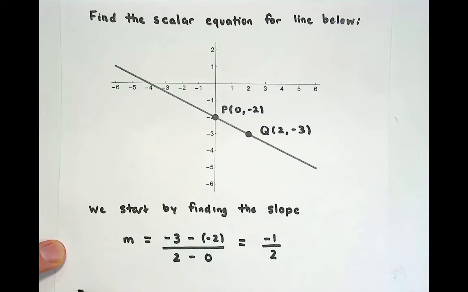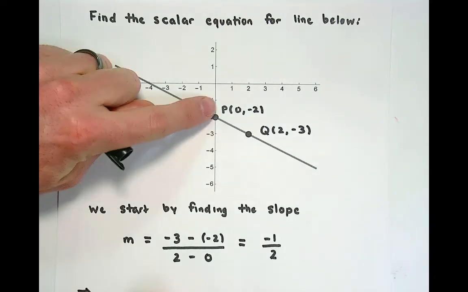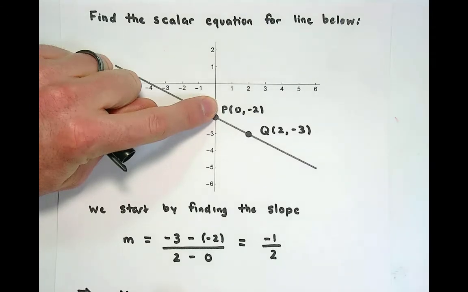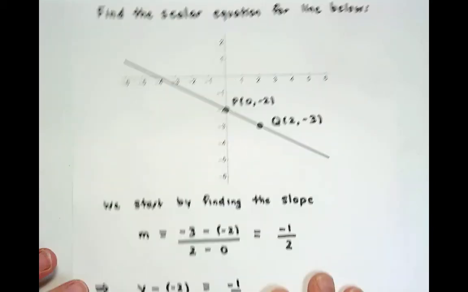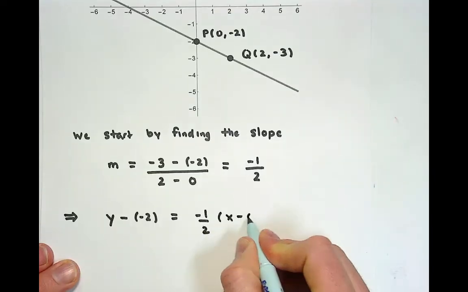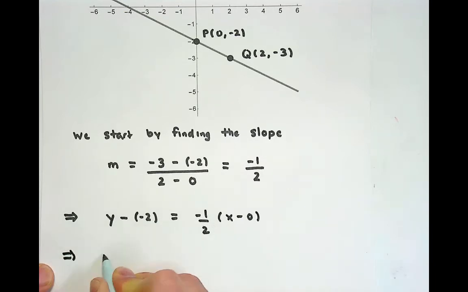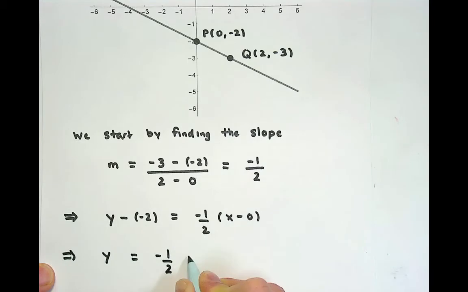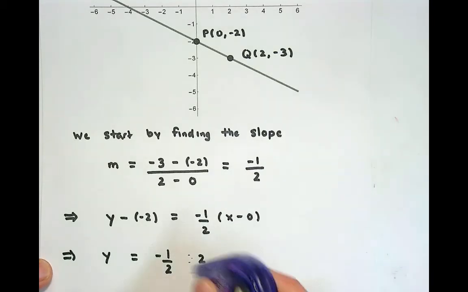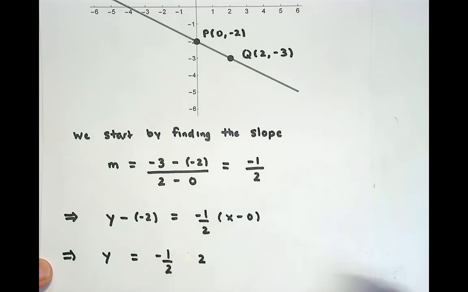And then we can put this in point slope form. And maybe we choose point P to make it super easy. So this is y minus -2 equals -1/2 times x minus 0. And of course, this would be y equal to -1/2 x minus 2. And of course, this plus would turn into a minus when I brought it over to the right-hand side.